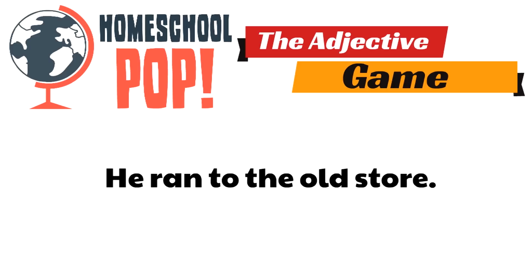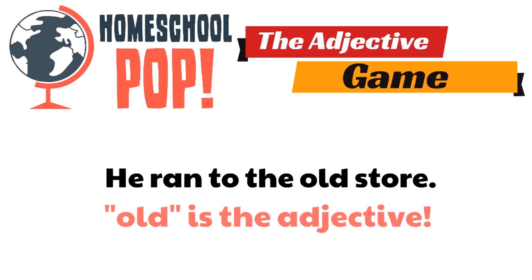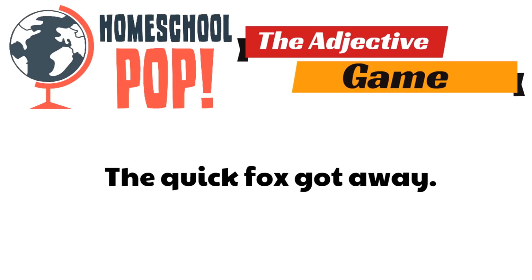So here's the first one. The sentence says, he ran to the old store. Which word is the adjective? Remember, adjectives describe nouns. Which word is the descriptive word? Yeah, old. Old is the adjective. Awesome job. Here's the next one.